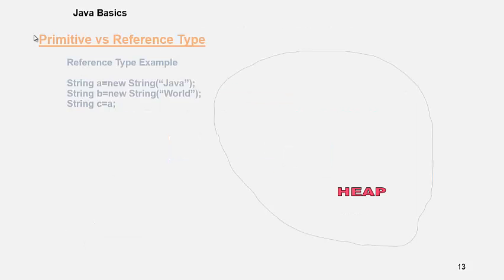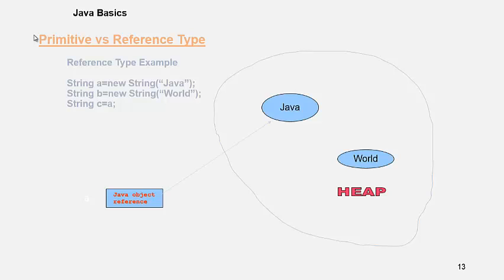But if we see this example, the object reference variables are, in this case, String a, String b and String c. Just see this. a is a Java object reference, "Java". "World" is another string object, b is the world reference, and c = a.